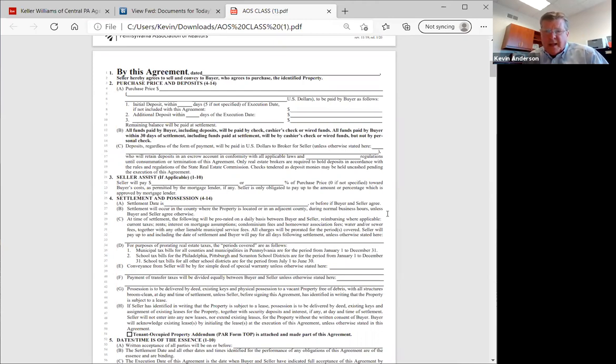And then in D, it talks about how municipal tax bills run on a calendar year, and school tax runs on a fiscal year, except I'm just seeing Philadelphia, Pittsburgh, and Scranton. Surprise, right? Conveyance from seller will be of simple deed of special warranty unless otherwise stated here.